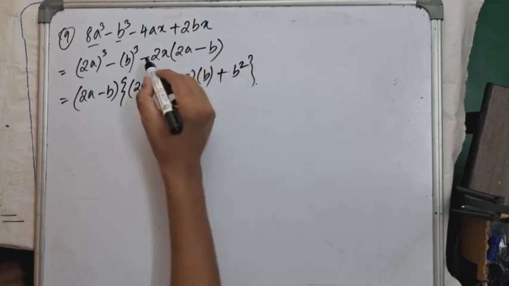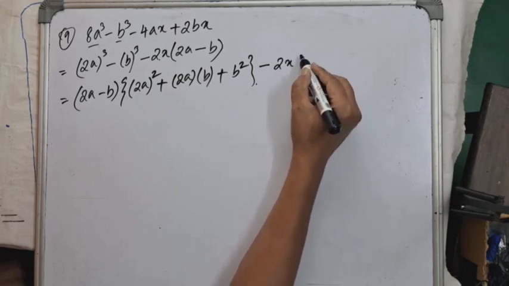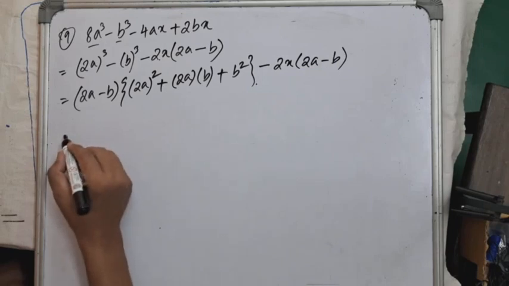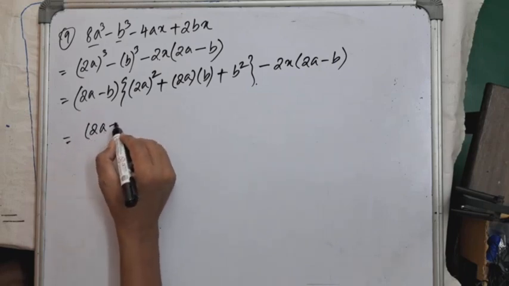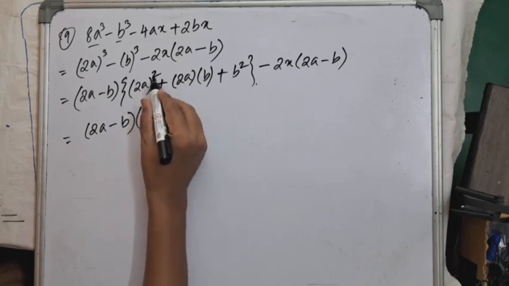After that we have minus 2x into 2a minus b, isn't it? So we have 2a minus b, let's write as it is, 2a minus b. Now we have 2a whole squared, isn't it?